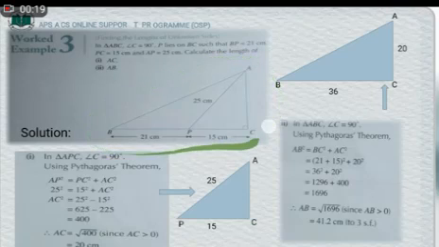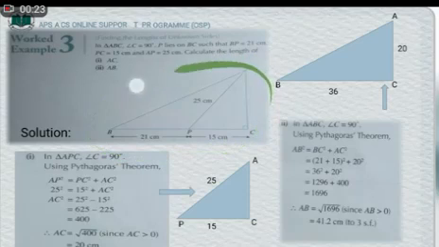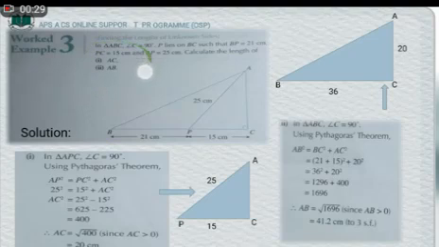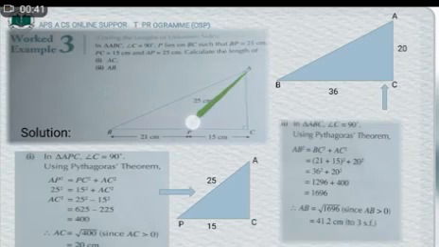Now you can see in this figure there is more than one triangle involved. And what do we have to find? First we have to find AC, then we have to find AB. First of all, for part 1, that is to find AC, we will use triangle APC.